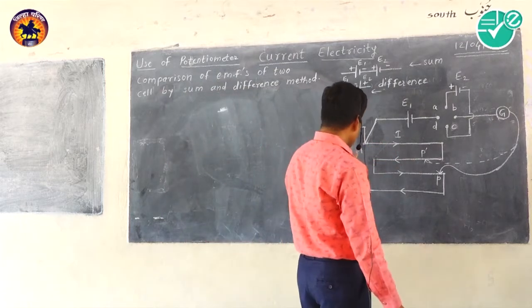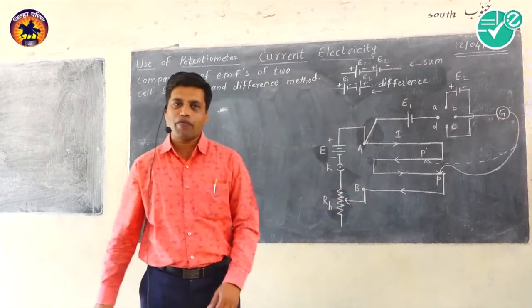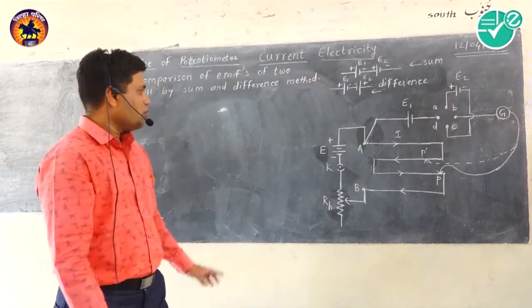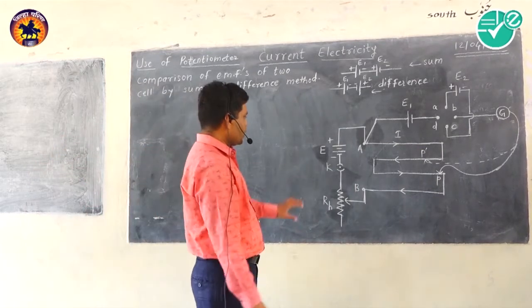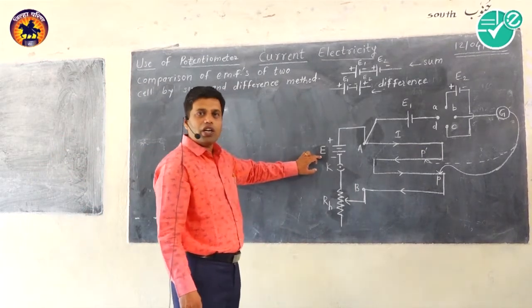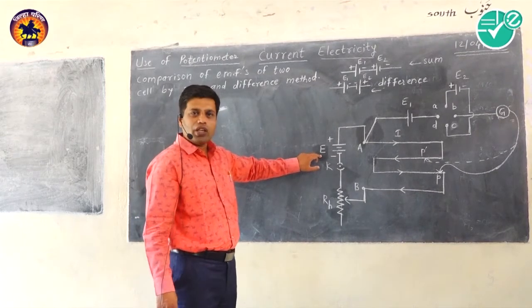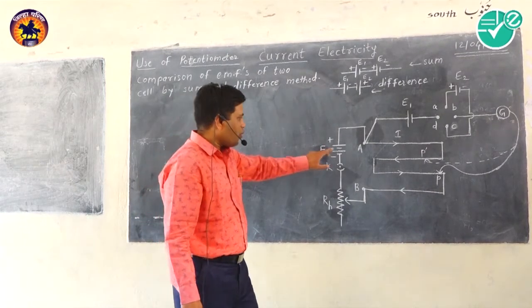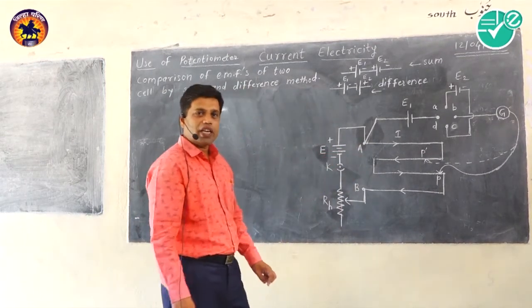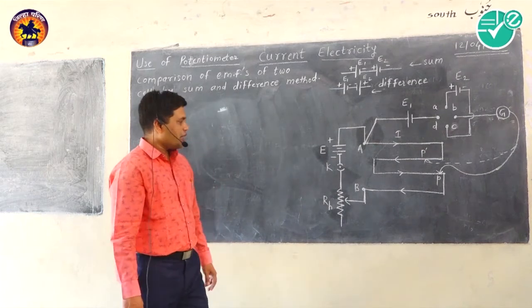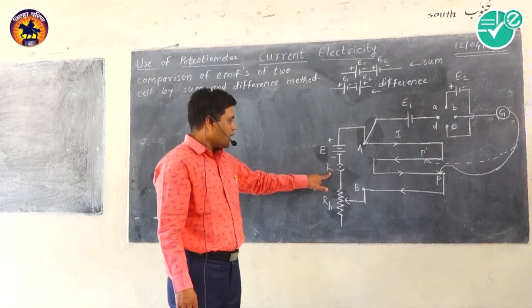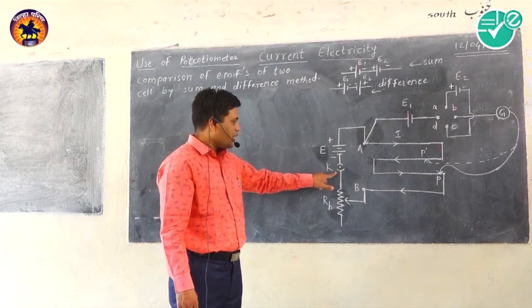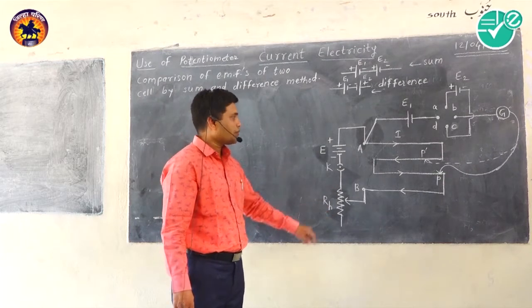This wire AB is called the potentiometer wire, and you know this whole arrangement is called a potentiometer. Now in this circuit, let E be the battery which is applied across the wire AB, having EMF E, where the negative terminal of the battery is connected to the key K, and the other terminal of the key is connected to the rheostat.